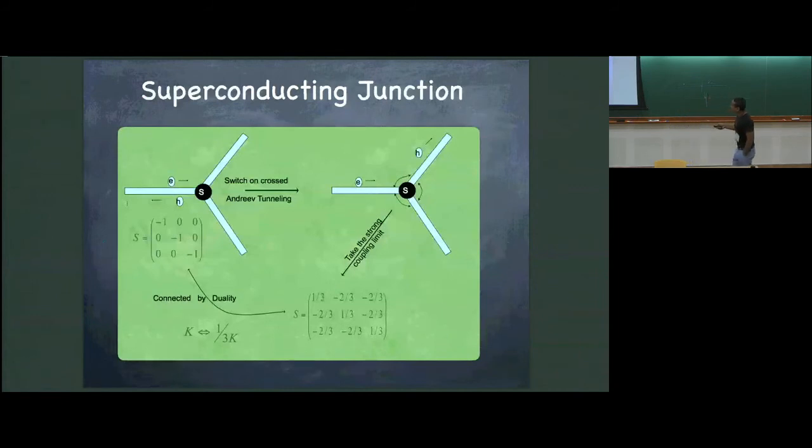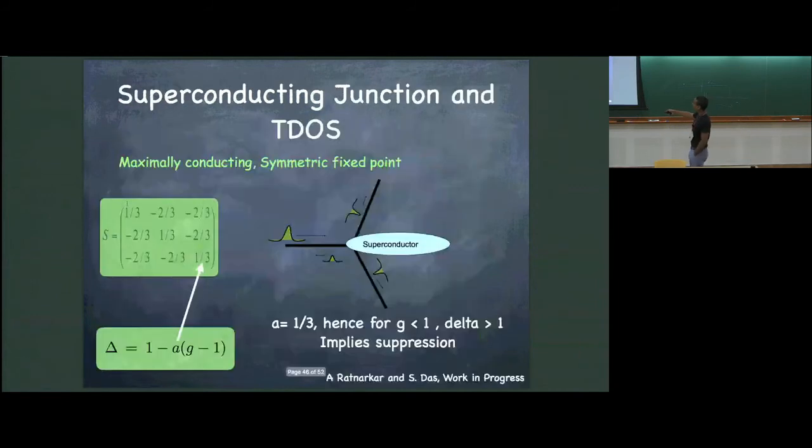You can have other fixed points. I'll skip this, and come to the last one. The analog of what I showed you for the charge conserving case was a fixed point with minus signs on the diagonals and plus signs on the off diagonals. The superconducting analog: if you add up all these rows and columns, they add up to minus 1.